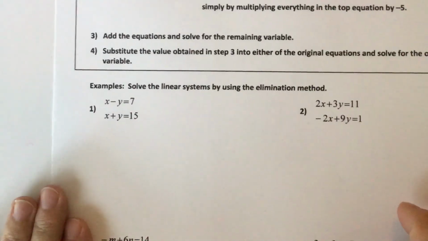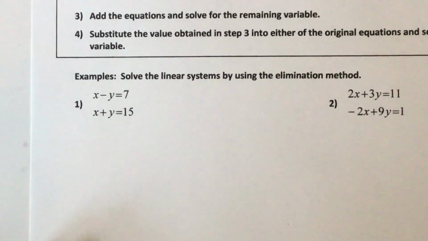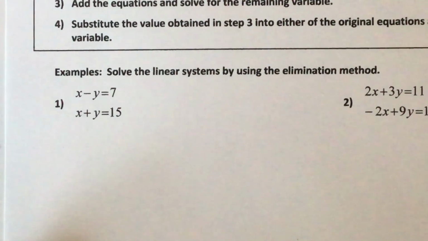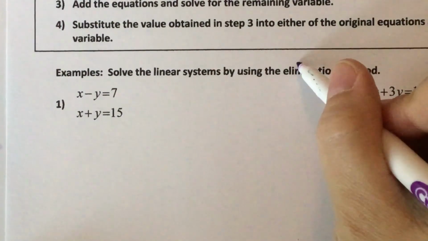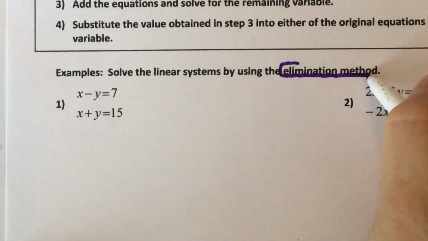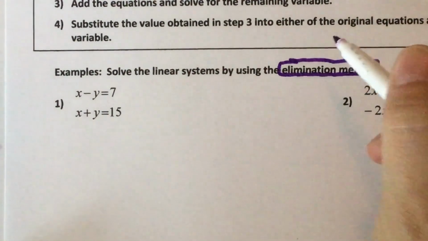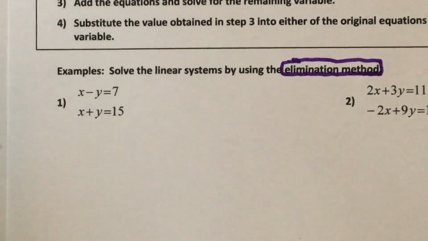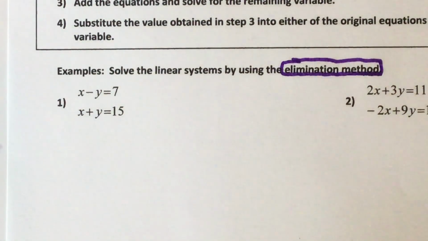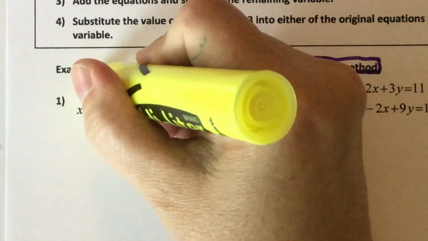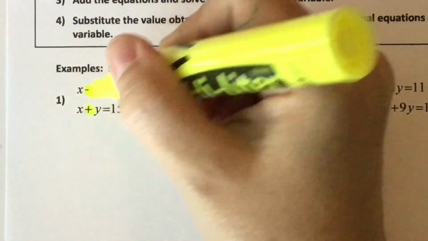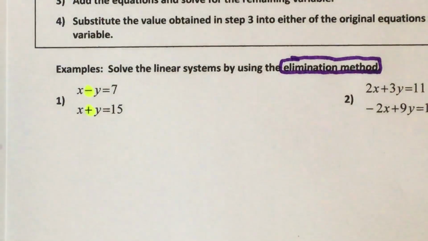All right, number 1. Let's see if it is elimination ready. So you're looking for same number, opposite signs, either in front of the x or in front of the y. Do you have it? You do. There's a -1 in front of the y and a +1 in front of the y of the bottom equation.